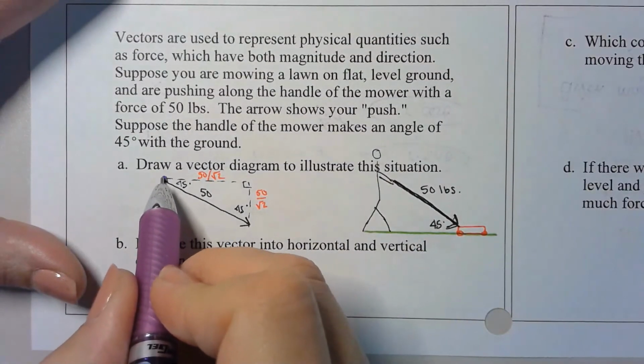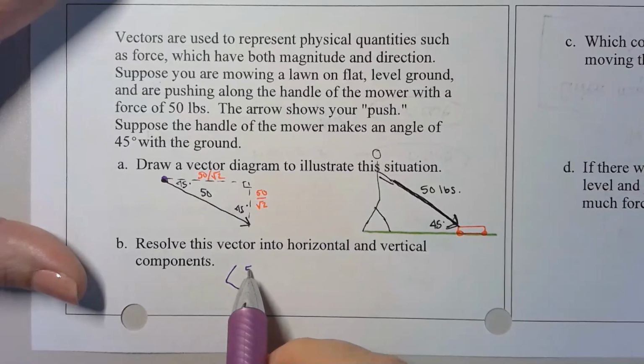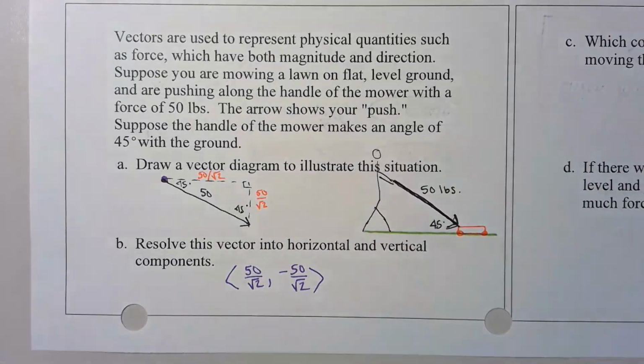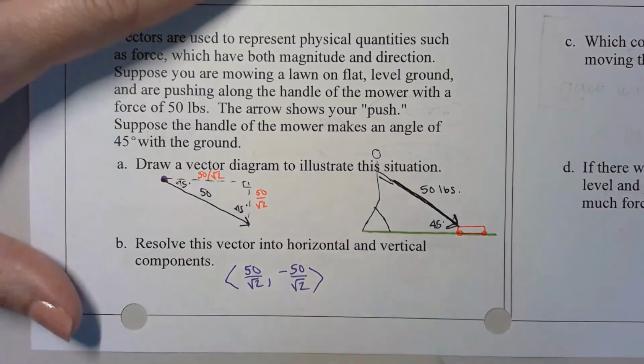So to get from here to here, I go over 50 over radical 2, and then I go down 50 over radical 2. I'm going to turn those into decimals anyways, and you might have used the trig. And that's fine too. 50 divided by radical 2 gives me 35.355.